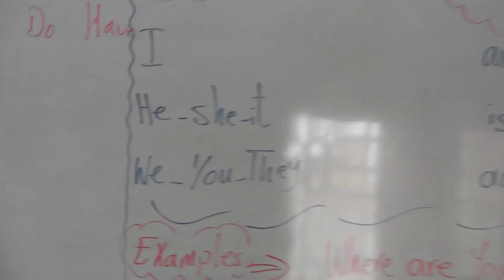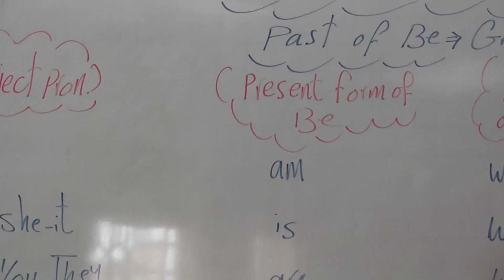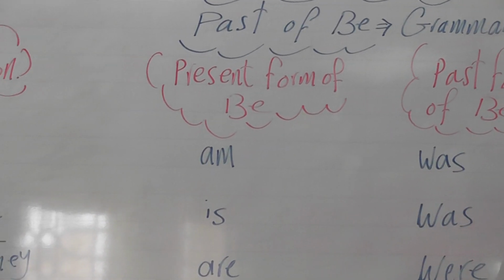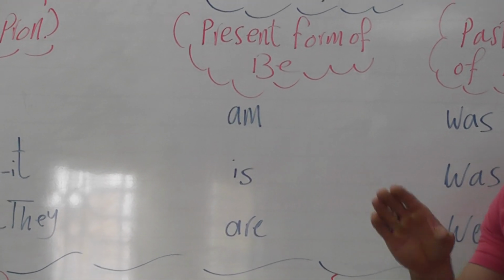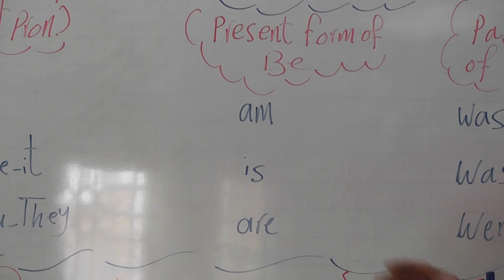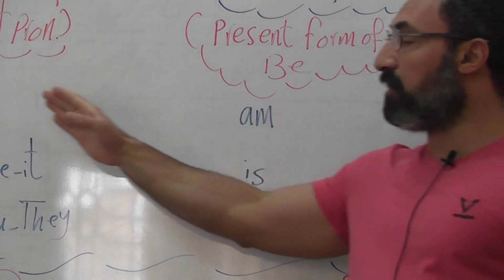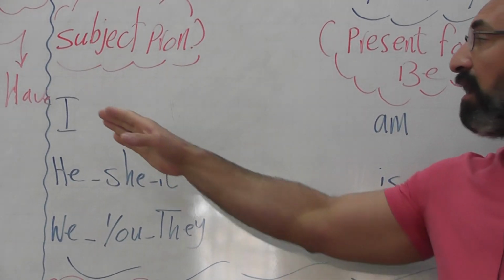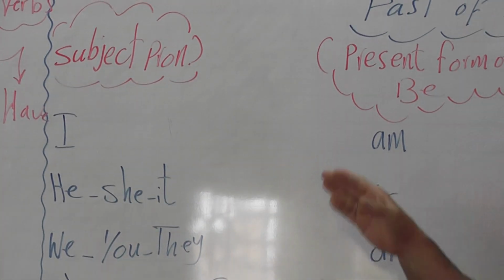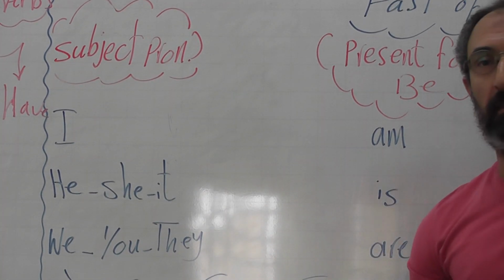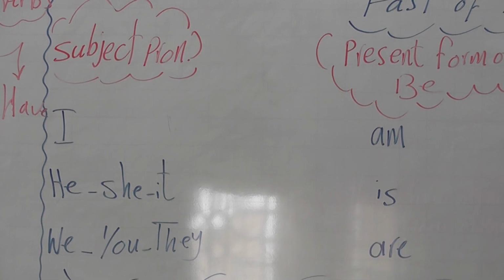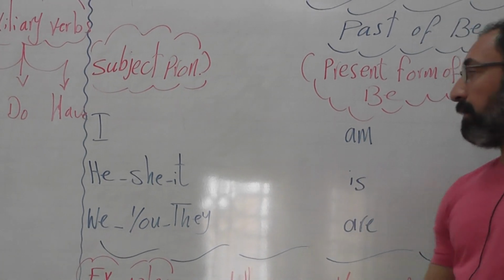Then we have the present form of be. As we have studied before, we have 3 parts of verb to be in the simple present form. Am, which is taken with I. So when I say I am. Like for example, what's your name? I am Hazem. I am Muhammad.